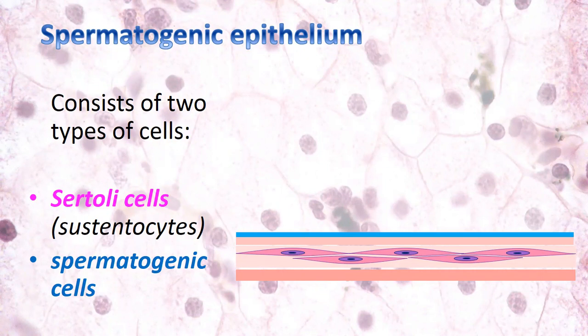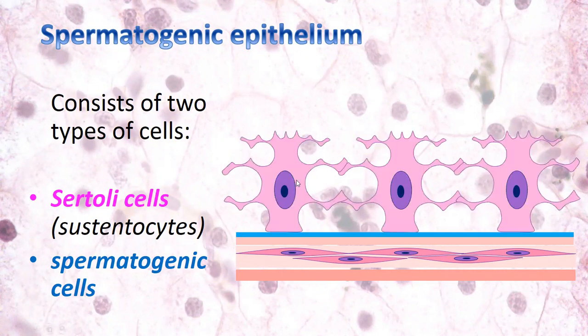And it consists of two types of cells. There are Sertoli cells, or sustentocytes, or they may be called nurse cells or shaper cells. Here we can see them. They are completely epithelial cells, and they are resident cells of the spermatogenic epithelium.